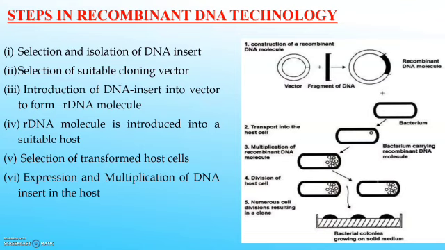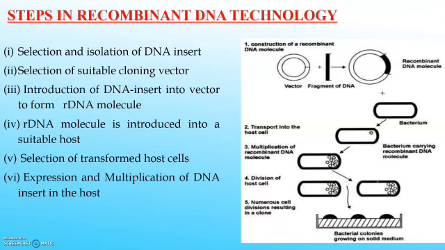Then comes expression and multiplication of the DNA insert in the host. Finally, it is to be ensured that the foreign DNA inserted into the vector DNA is expressing the desired character in the host cells. The transformed host cells are multiplied to obtain a sufficient number of copies. If needed, such genes may also be transferred and expressed in other organisms.